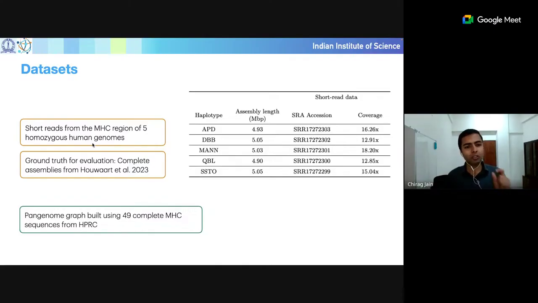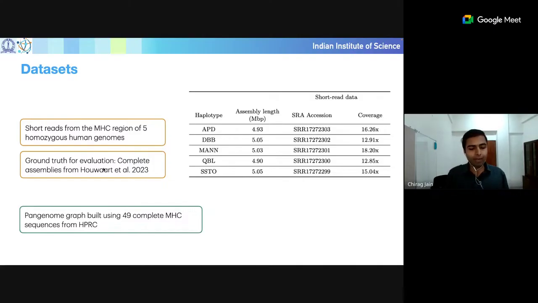We use these homozygous genomes because we have the ground truth assemblies for these 5 cell lines. Using long reads, researchers have assembled these sequences, and we have complete curated sequences for the MHC region of these 5 cell lines. So then we have a ground truth to compare with.